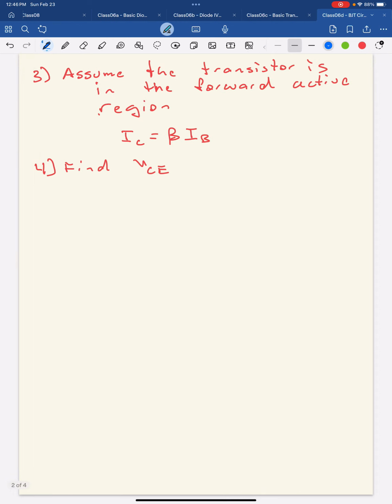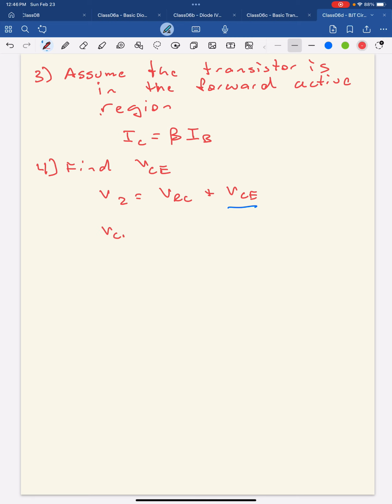Namely, we can say, let's start with V2 and then rewrite it: V2 is the voltage across the resistor plus VCE. And this is our unknown. This is what we want to find. The V2 would be given to us. We know what that voltage source is. And so we can rewrite this as VCE equals V2 minus VRC.